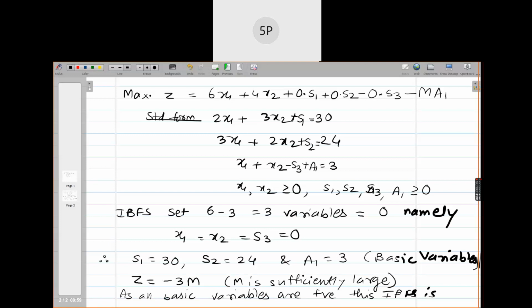Non-degenerate. Okay. Now quickly construct the table.